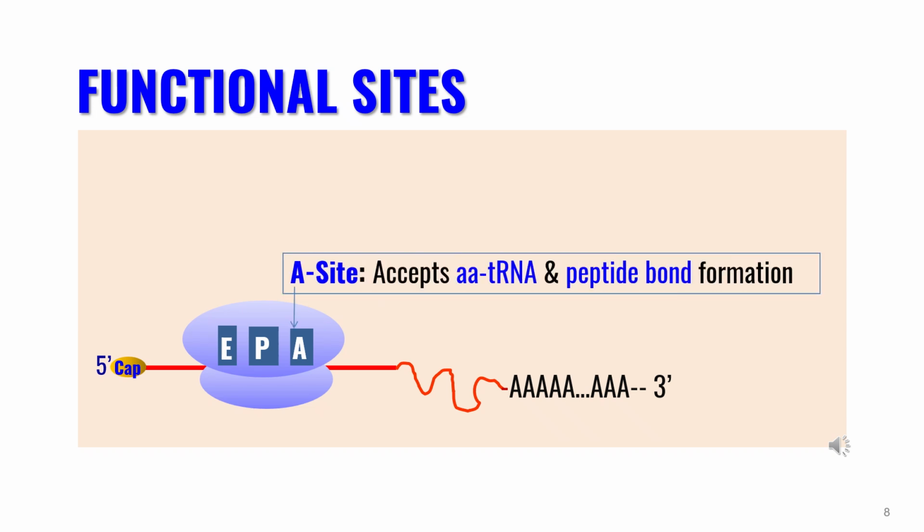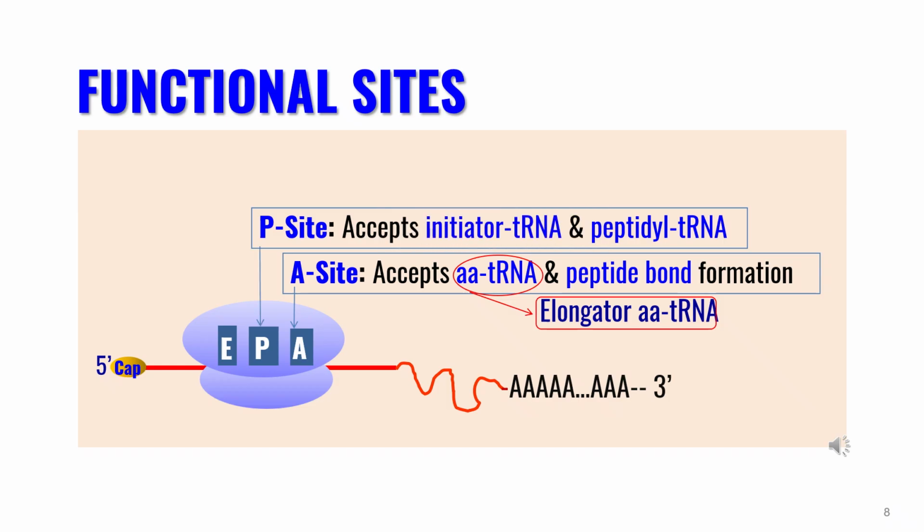There are three important sites in the ribosome where coordination happens during translation. At the A site, two reactions happen. It accepts the amino acyl tRNA and the peptide bond is formed here. So this is known as the elongator site or elongator tRNA site. The second is the P site, two reactions again here. It accepts the initiator tRNA, which is a special kind of tRNA to deliver methionine in every protein.